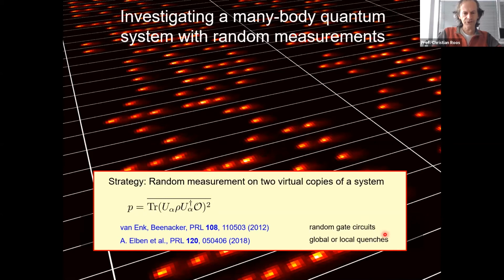What I want to mention is that this is an experiment which was done in collaboration with the theory group by Peter Zoller in Innsbruck, who had adapted the scheme to a quantum simulation context. And after discussions with them, we settled on trying to use a scheme where we have something like local quenches.